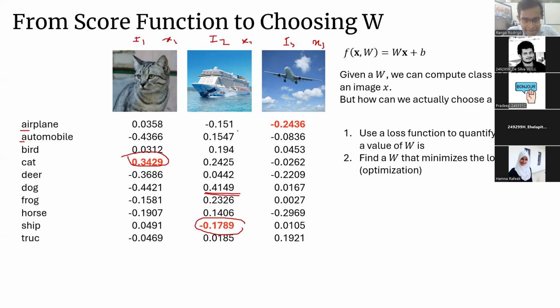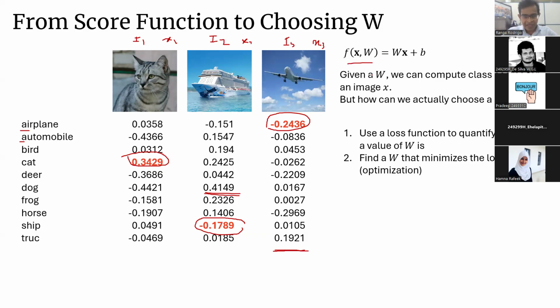In this one, this is the airplane score, but the highest one is this, right? So you can see if you don't have the classifier trained, you will not get the highest score for the correct class.